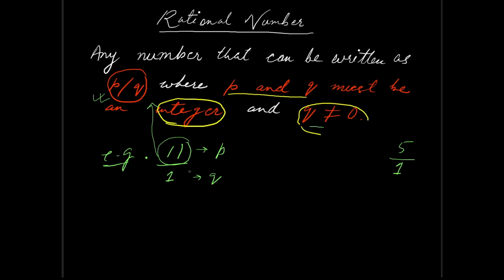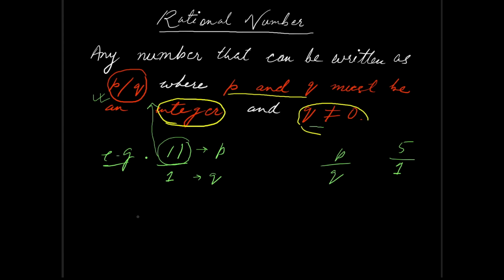We can also say that all the whole numbers are examples of rational numbers, because every whole number has 1 as its denominator. We can write every whole number in the form of p upon q, and that will be considered a rational number.